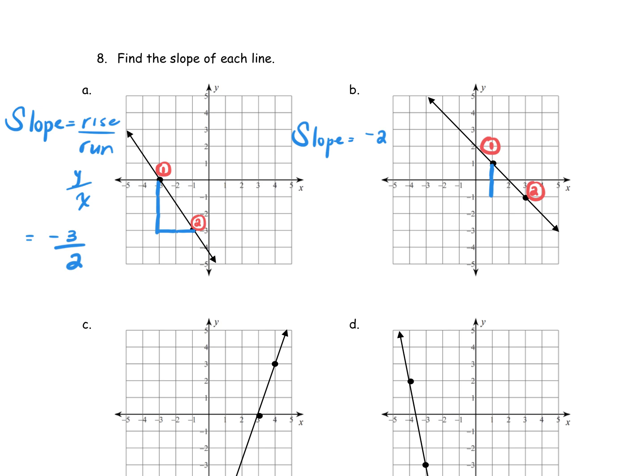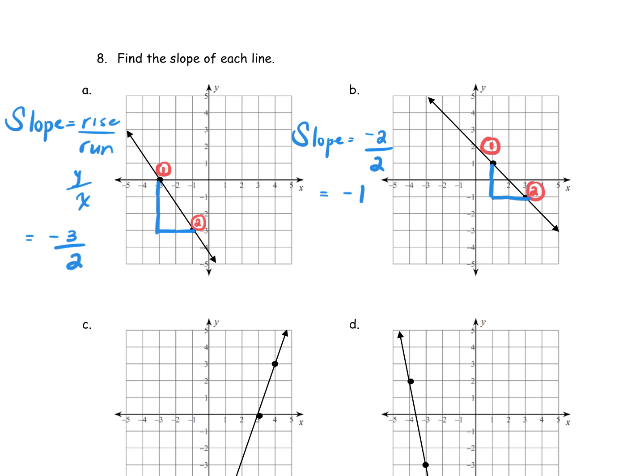And if I go to the right, I'm counting 1 unit, 2 units. This fraction can be simplified because -2 divided by a +2 is an overall -1. So wherever you can simplify a slope, make sure you do so. So either reduce it or divide it if it gives you a nice whole number. Okay, so I'll let you try the rest of question number 8.